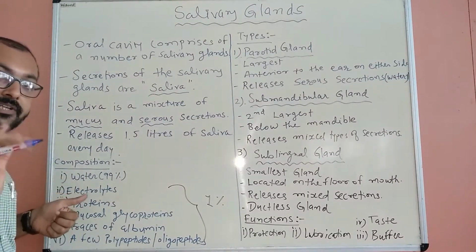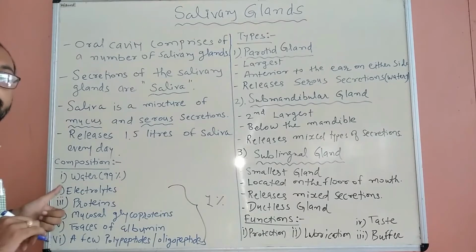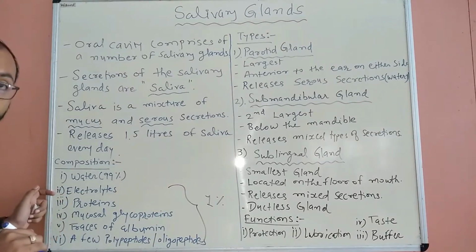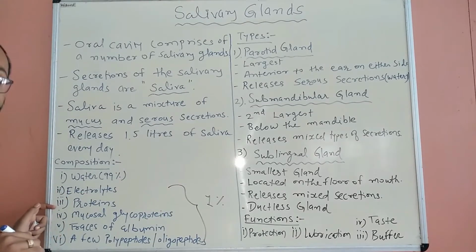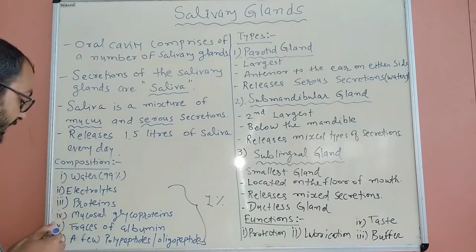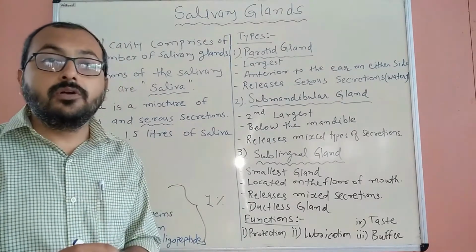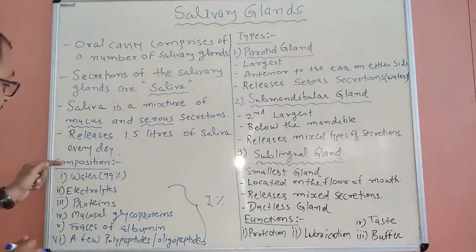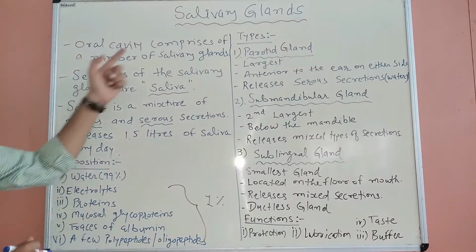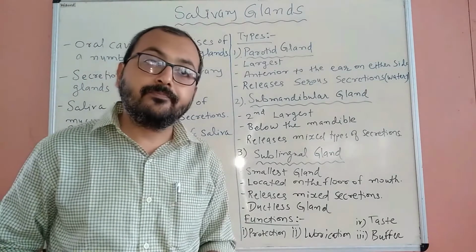First, water, that is 99%. Next, it may have certain electrolytes, certain proteins, mucosal glycoproteins, traces of albumin, as well as a few polypeptides and oligopeptides. So this is the composition of saliva.